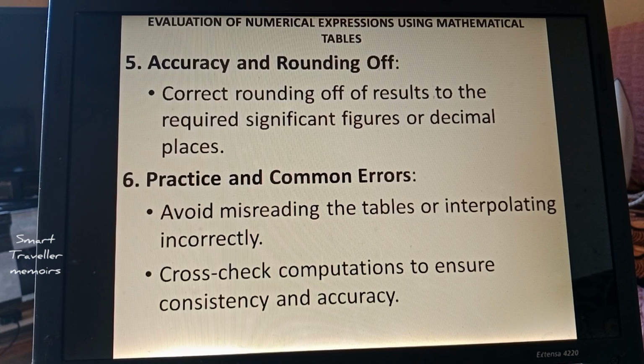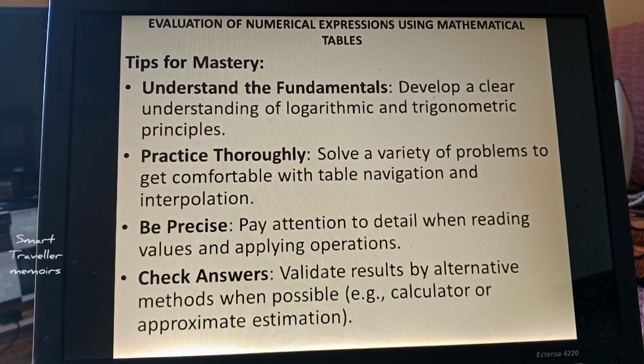Correct rounding off of results to the required significant figures or decimal places. 6. Practice and common errors. Avoid misreading the tables or interpolating incorrectly. Cross-check computations to ensure consistency and accuracy.